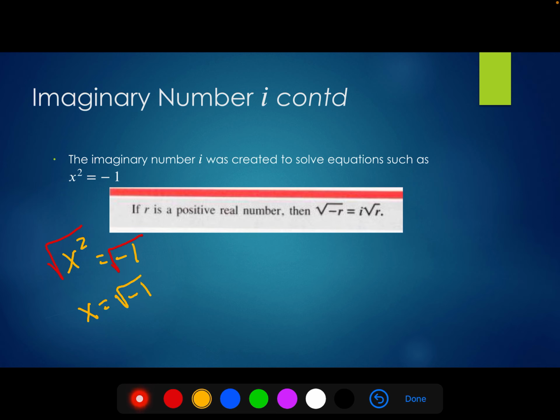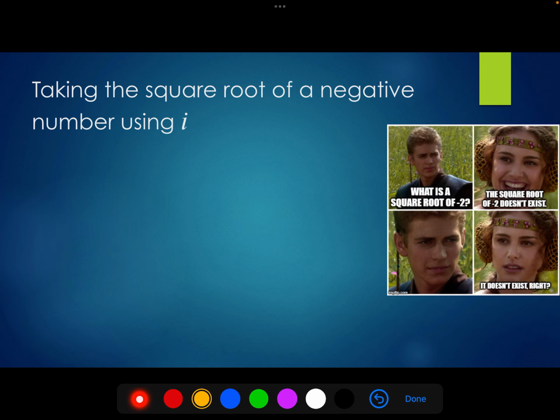And then if we simplified more, we would get x is equal to i times the square root of 1, using this rule we have up here. And then we know that the square root of 1 is just 1, so we end up with x is equal to i. So we have i is equal to the square root of -1. That's what we used here. Now that number i helped us take the square root of a negative number, like we just saw.